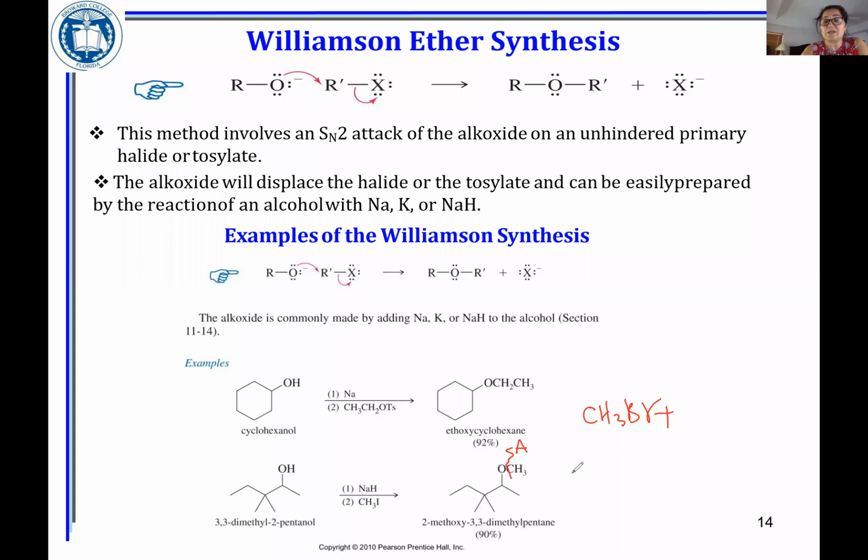But since the alcohol, after losing the hydrogen, is going to be a very strong nucleophile, an alkoxide, it doesn't matter. Your nucleophile is strong anyway, and this is a primary alkyl halide, so this attack is going to be faster than the other choice.